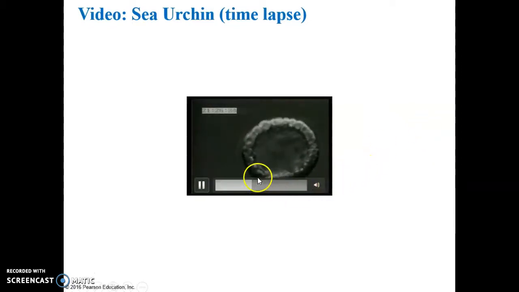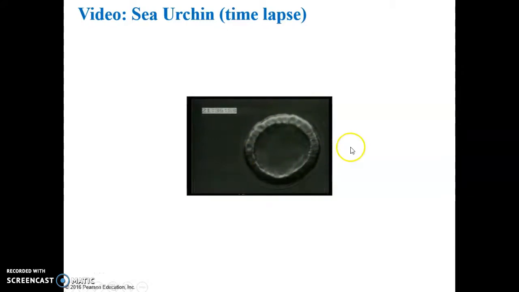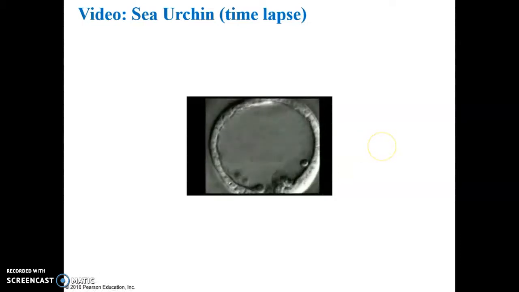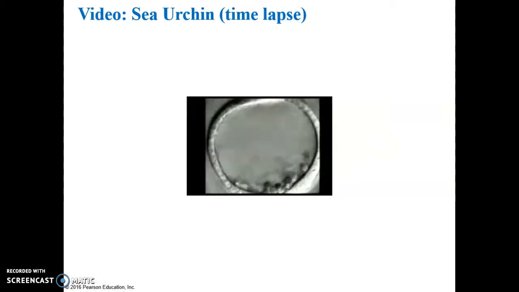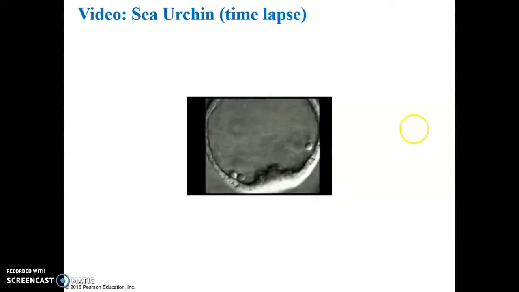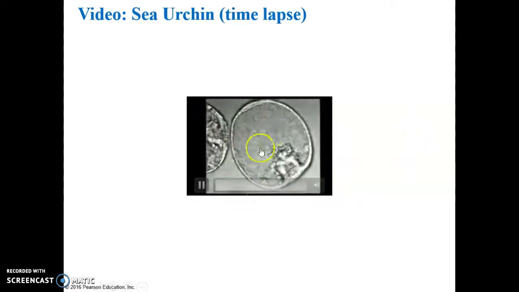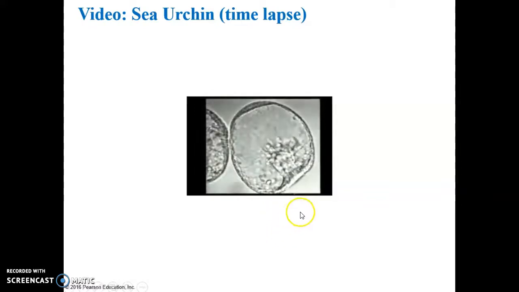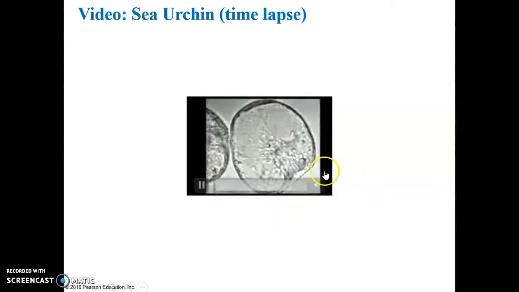And this is further along down the developmental line, lots of cells here, and they're all going to be undergoing mitosis, cell division. So if you remember, mitosis is for organismal growth, tissue damage repair, and maintenance of the organism. Okay, so early embryological development in sea urchin through cell division called mitosis.